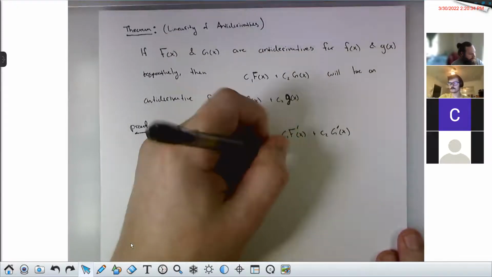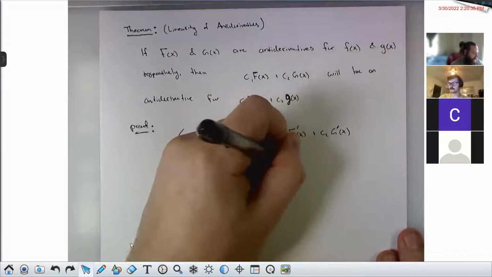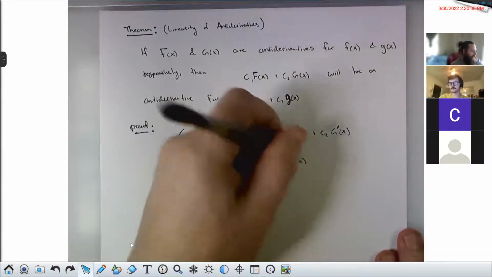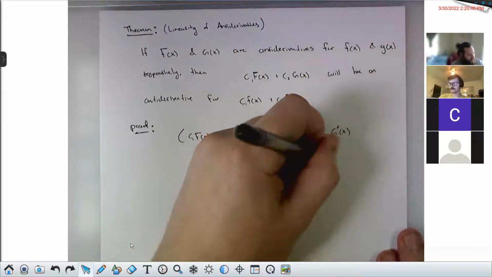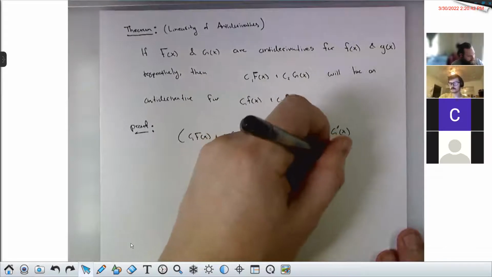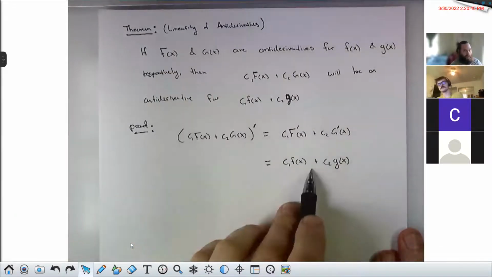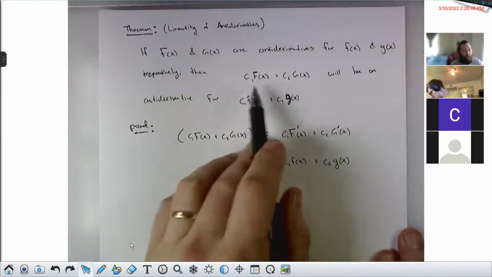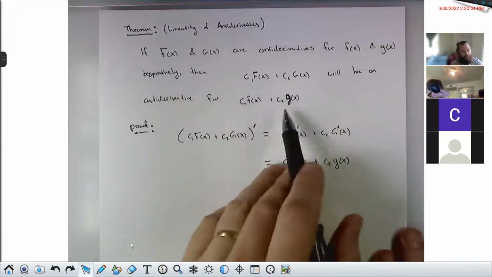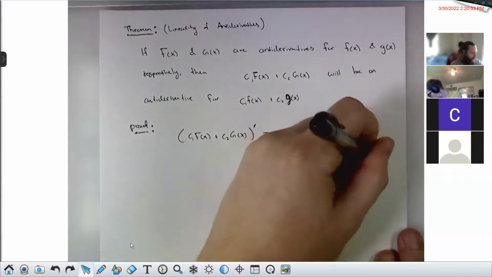And since big F is an antiderivative for little f, this is C1 times little f. Since big G is an antiderivative for little g, this is C2 times little g of x. So the derivative of this thing is this thing. In other words, this is an antiderivative for this, which is what we wanted to show.